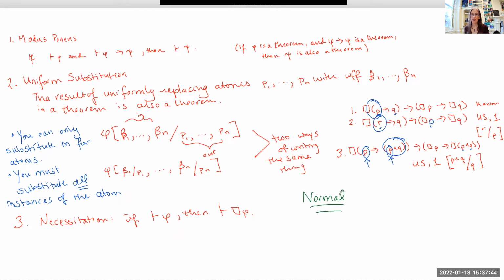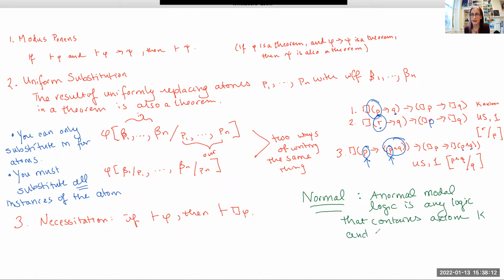And basically what it just means is this is a logic that is built on system K. So a normal modal logic is any logic that contains axiom K and has as rules uniform substitution, modus ponens, and we often just write necessitation by N. You don't have to write the whole rule out.